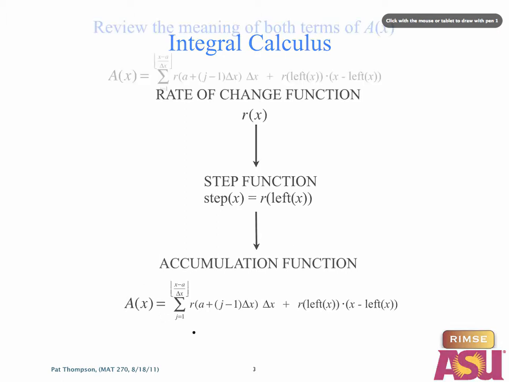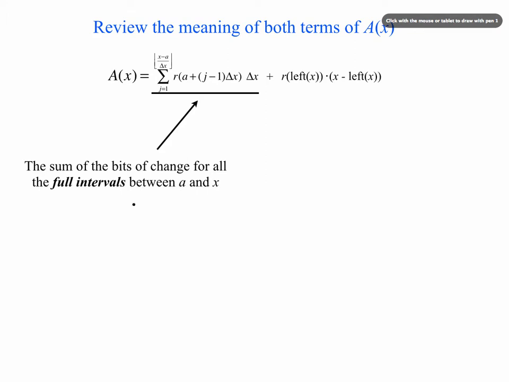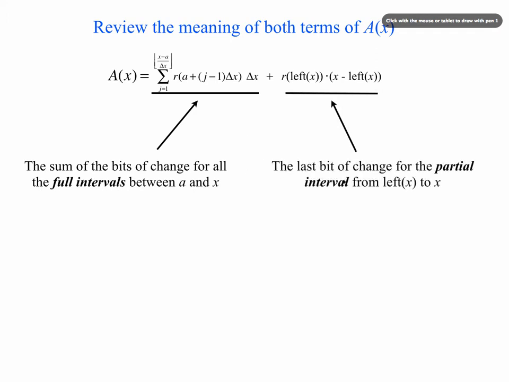Now, what was the all of this? The all of this was taking the sum of bits of change for all the full intervals between a and x, and that's what's represented on this left-hand term. And then adding up the last little bit of change for the partial interval from left of x to current x.